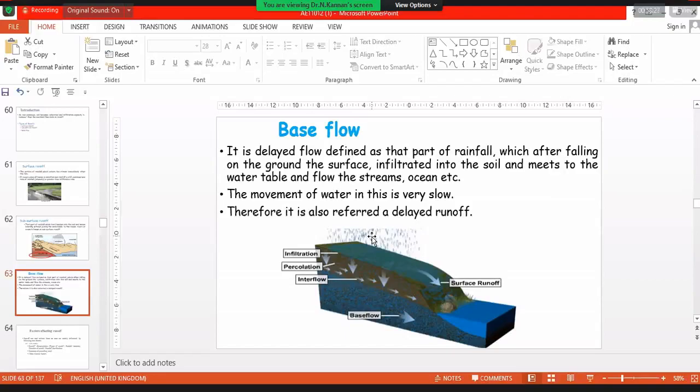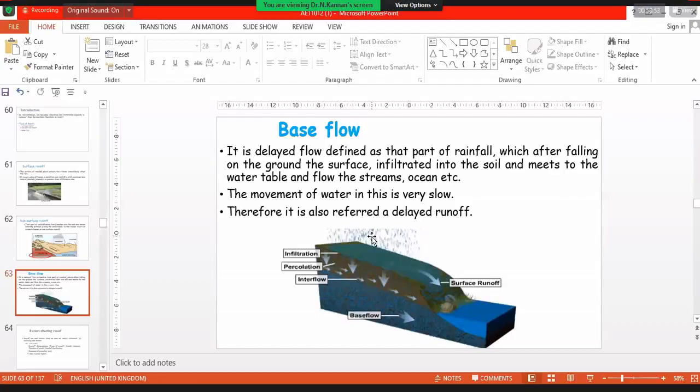Therefore, it is also referred to as delayed runoff. This is very slow. After the precipitation, it infiltrates into the soil profile, then touches the water table, then flows laterally because of the permeability. We will see that when you come to the second year.